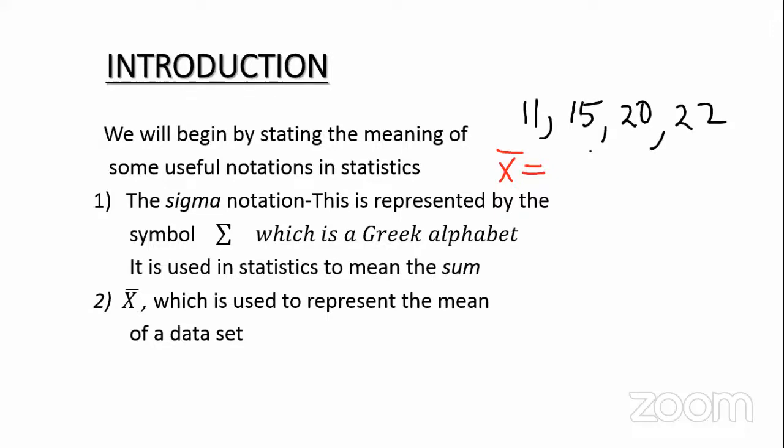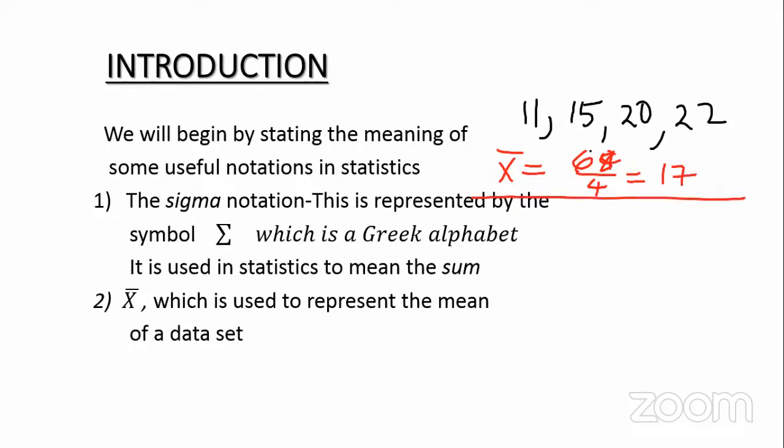No, this can't be 54. 58? 64. 64 divided by? 68? You don't know what you're saying. 64 divided by 4. So what's the answer? 17. The mean is 17.